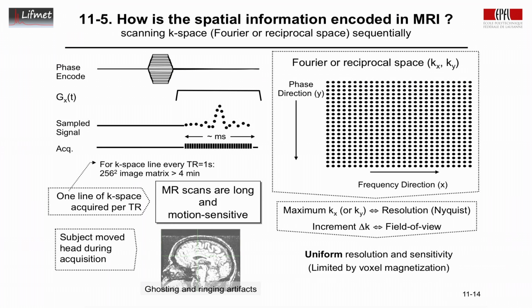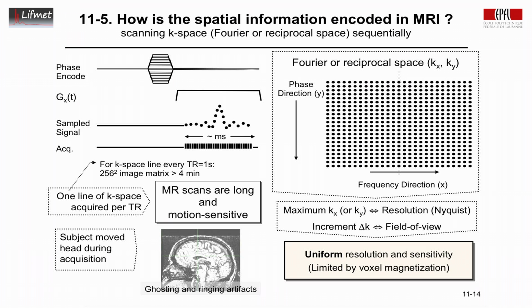As we have seen a few weeks ago, the sensitivity is maximal for thermodynamic equilibrium magnetization, and that is determined by the magnetization in the voxel. That's the number of molecules, etc. So there is the fundamental limit.